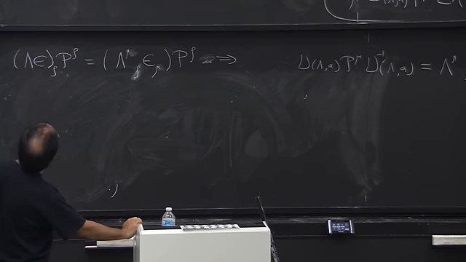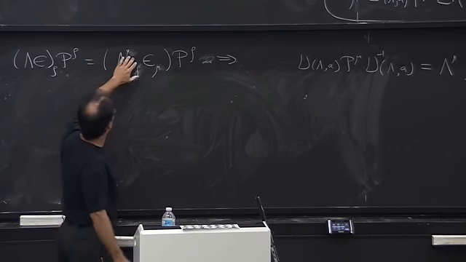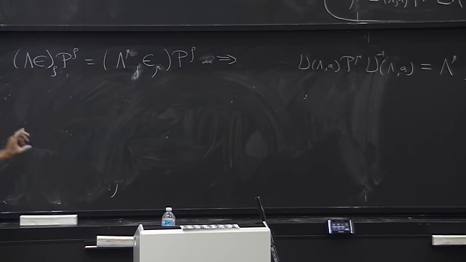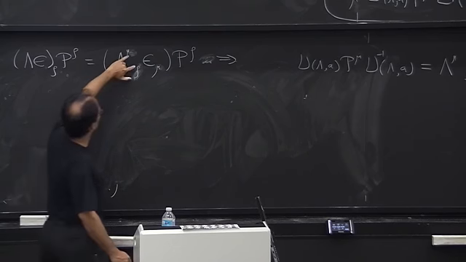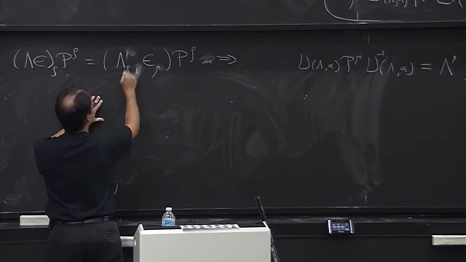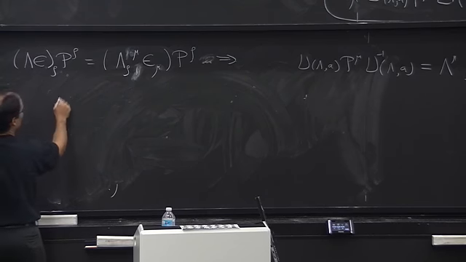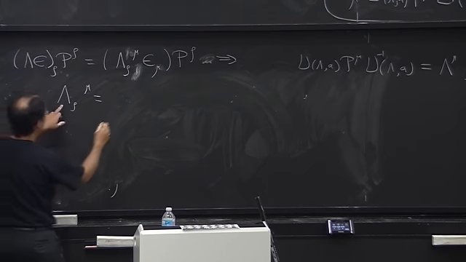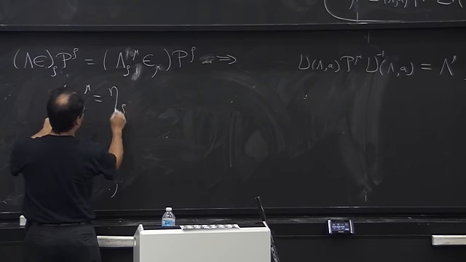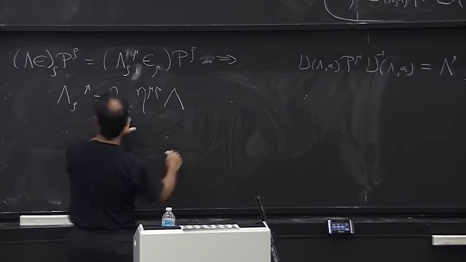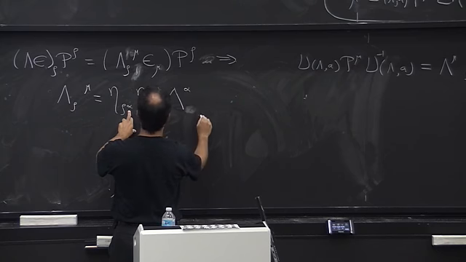Oh, you know what? I see. Oh, of course. The reason is that I had this index down, right? And if I want to have the Lorentz transformation on something that has the index down, I have to use the inverse Lorentz transformation, right? So not this transformation, but this transformation. Okay? So how is this related to that transformation over there? Well, this thing is eta_{rho alpha} eta_{mu beta} of lambda^{alpha beta}.